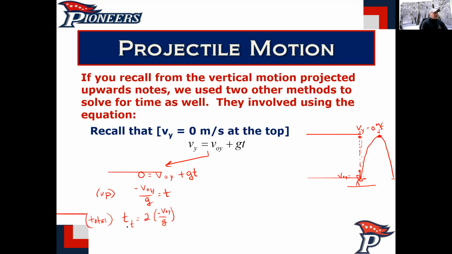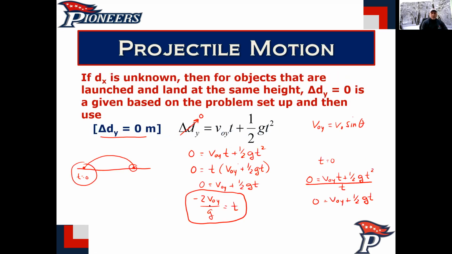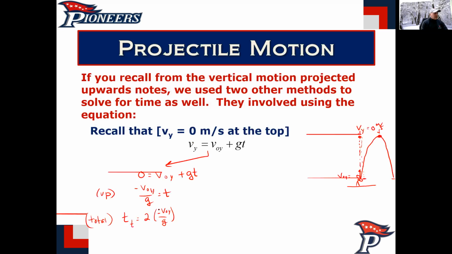Now, if you look at this and you look at this, it's exactly the same. We're just using the other equation a different way. But the key was you had to remember that this only gives us the time up, here or to here. And then we got to double it, because as long as it's coming back to the same height, it takes the same amount of time to go up as it does to come down.